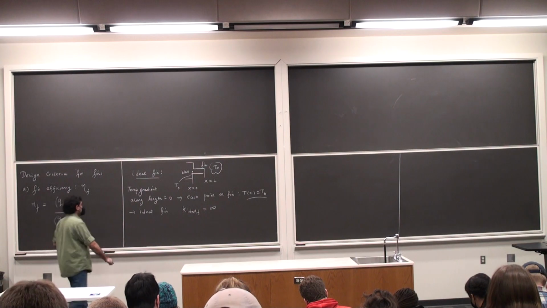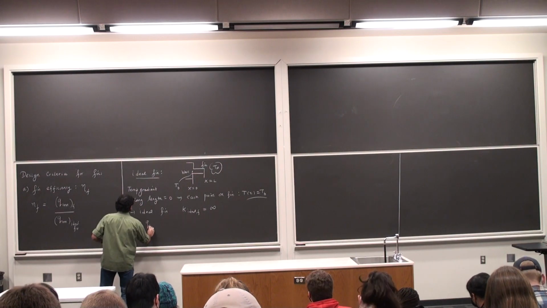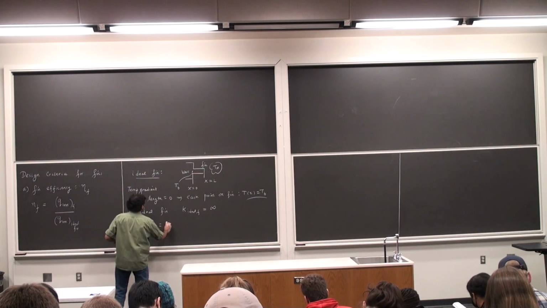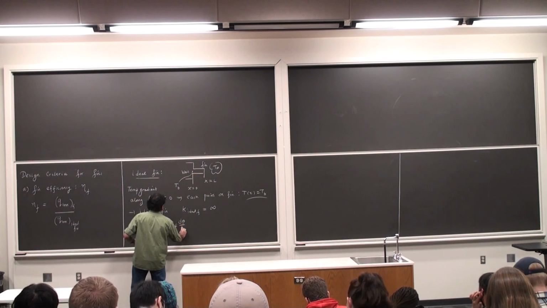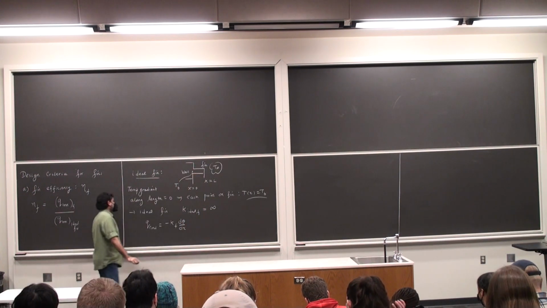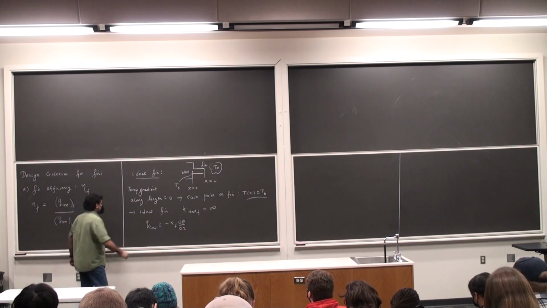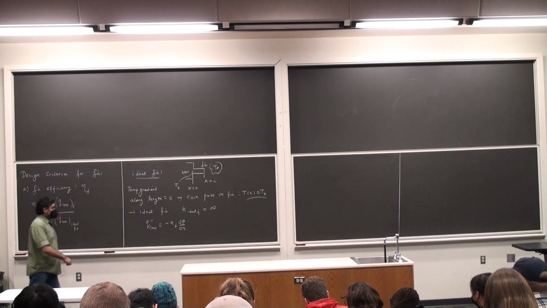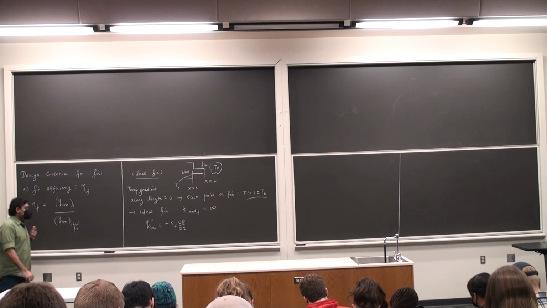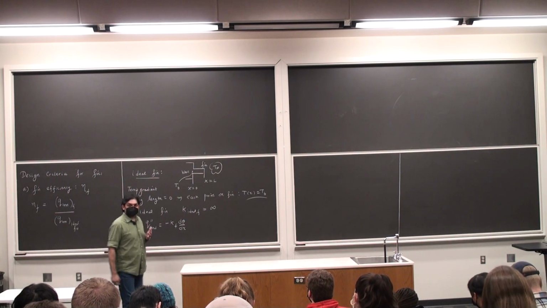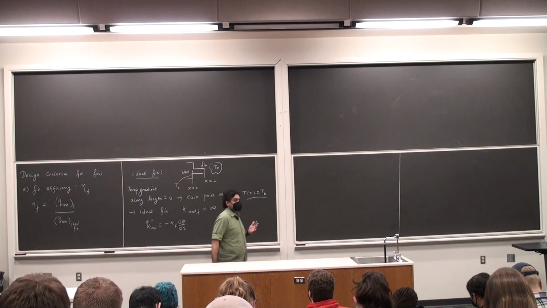If I look at Q conduction, this is minus k, and if I look at the conductive flux, minus k times d theta by dx. Now the conductive flux is a finite quantity. That's not infinitely large.